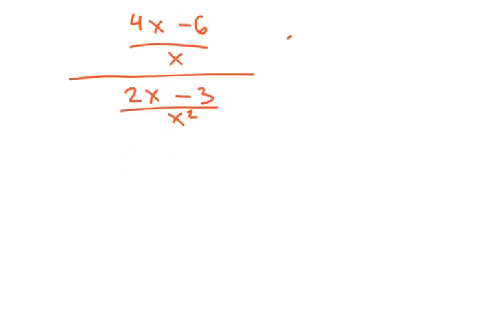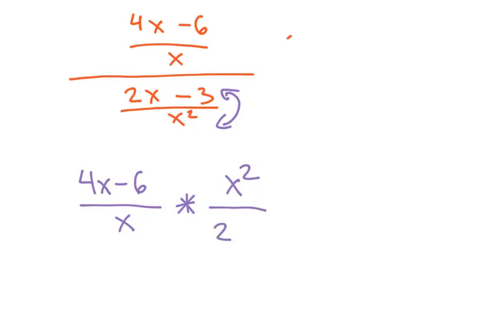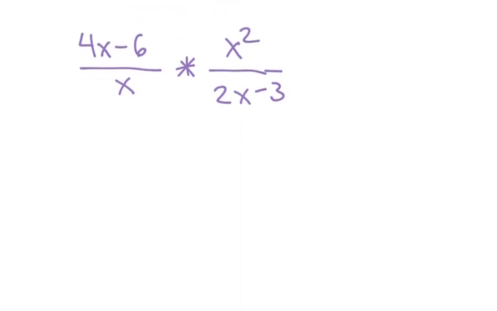So if I want to tackle this using method 1, then I'll rewrite the numerator as 4x minus 6 over x, and I'm going to multiply by the reciprocal, which means I'm going to flip this. So this is x squared over 2x minus 3. Now, we're referring back to a previous section here, specifically 5.2. Before we start tackling, we always want to try to factor things out.